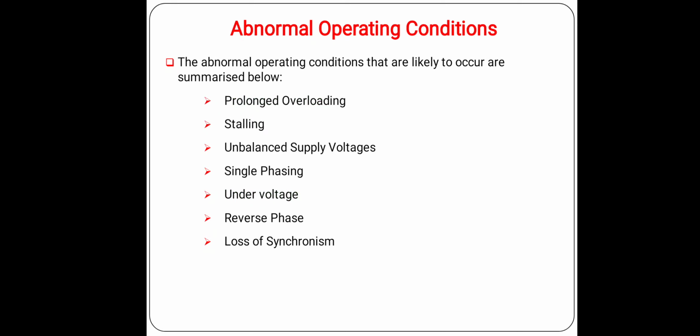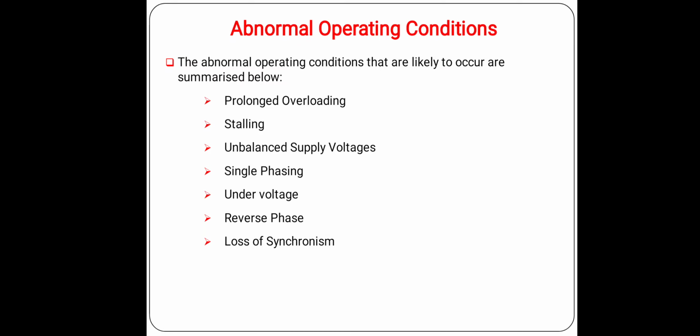Now next one is the abnormal operating conditions that are likely to occur. First, overloading. Overloading is caused by excessive mechanical loading or short time cycle overloading. It causes excessive temperature rise of windings and deterioration of insulation, resulting in winding fault.